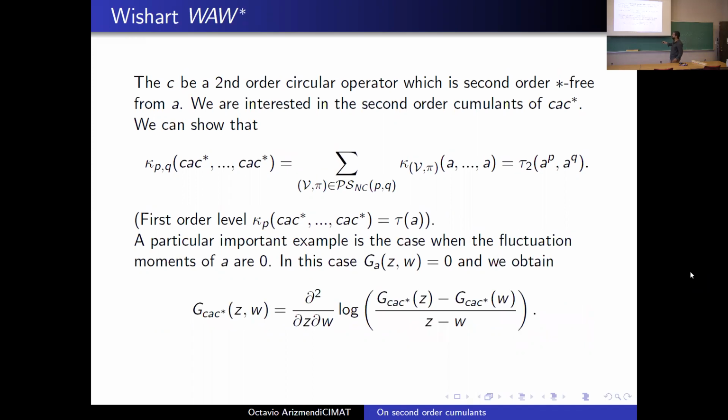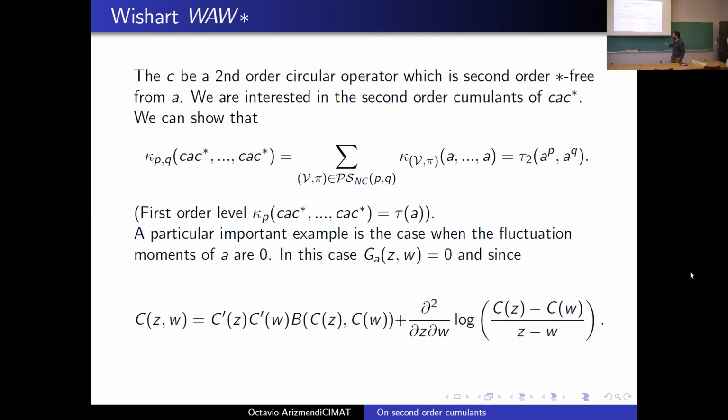So actually, we have a formula for the second order Cauchy transform of CAC star in terms of the first order Cauchy transform. See, there's no R there. This is the place where this vanishes. This is zero because second order cumulants are zero.